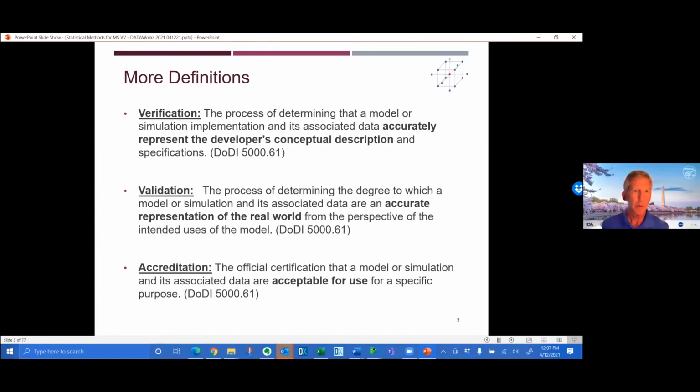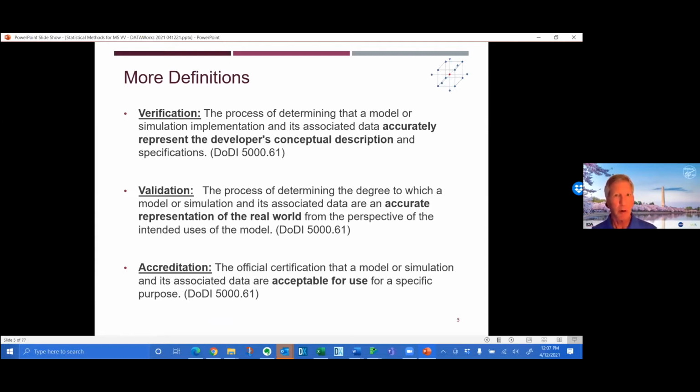V&V, or VV&A, if you will, verification, validation, accreditation, more formal definitions from the DoD Instruction 5061. Highlighted there are really what distinguishes the three apart from each other. Verification, we're trying to accurately represent some conceptual description.